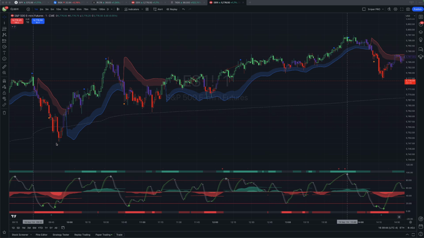So after that trade was over, I'm watching the market. You could argue that this turn here would have been a good 1.0 sniper. And you can see the signal down here when we are oversold or overbought, right?